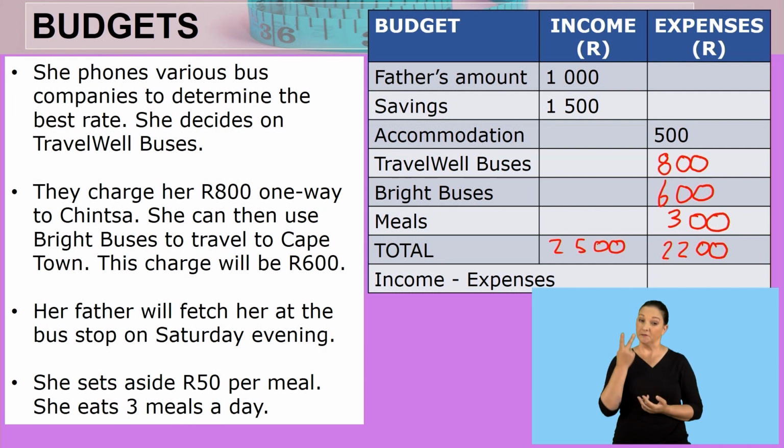Let's see if she has a surplus or a deficit. Income minus expenses means 2,500 minus 2,200 gives me 300 Rand. Means she has 300 Rand left over, she's in a surplus, and that's a good thing.